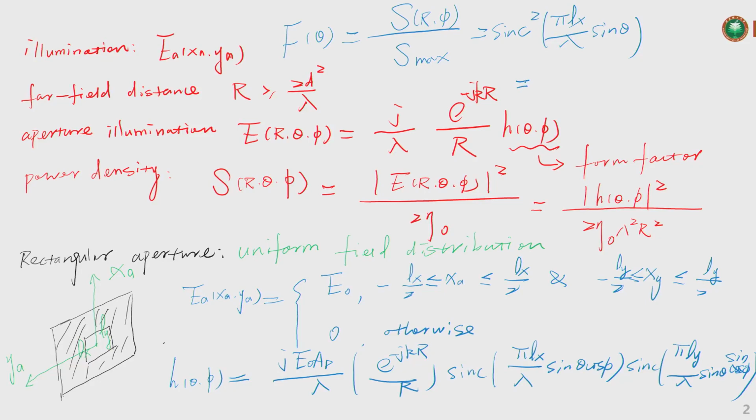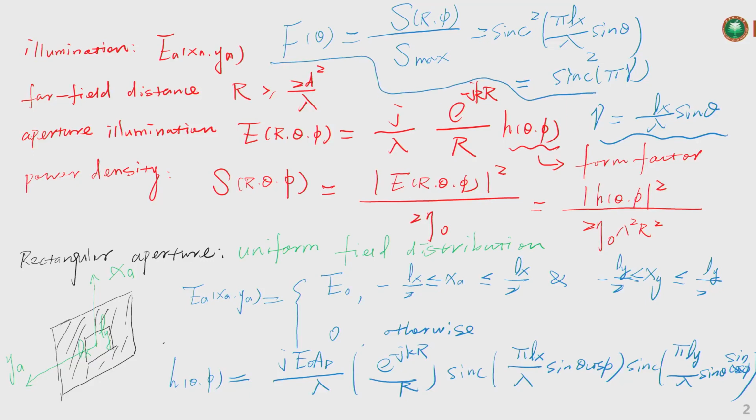And when we try to simplify it, like this one, sinc squared gamma, and gamma equals pi Lx over lambda sin theta, like this one. Make it more simplified like this one. So, okay, remember this equation.